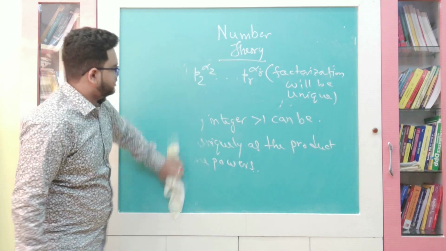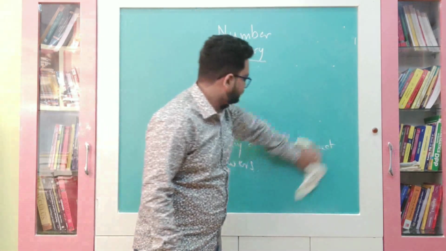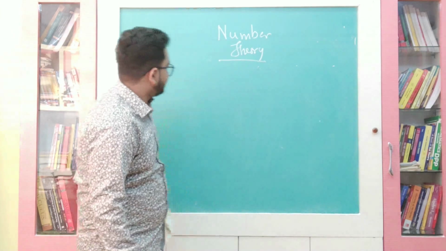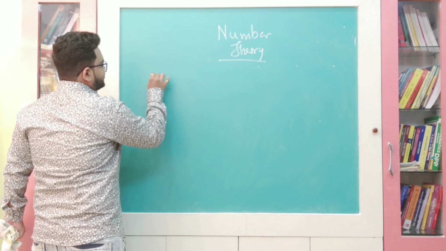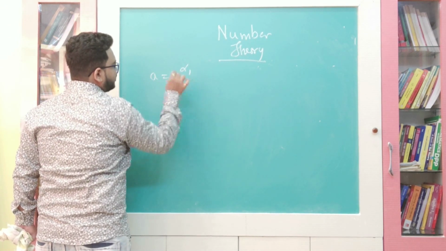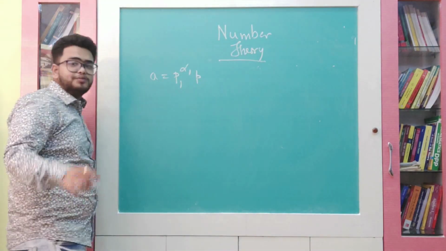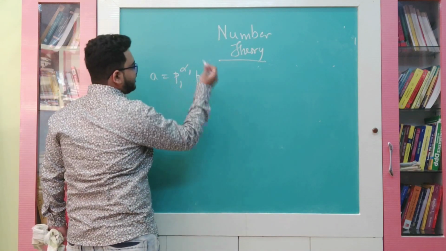Okay, I'm erasing it. So, the last thing before congruency: suppose A is P1^alpha1 and so on, where P1, P2, P3, P4, Pi are primes. I forgot to mention that, and the alpha i are integers.